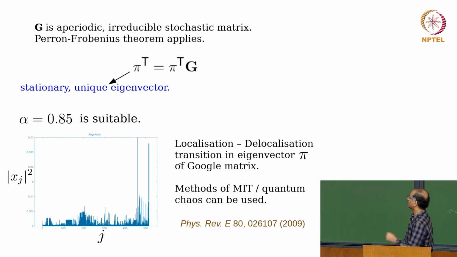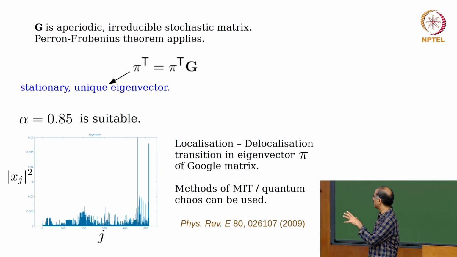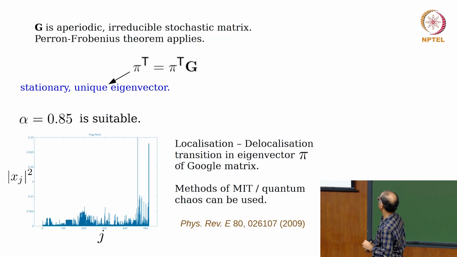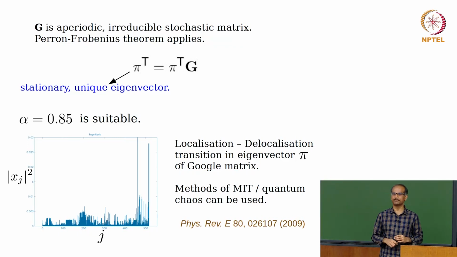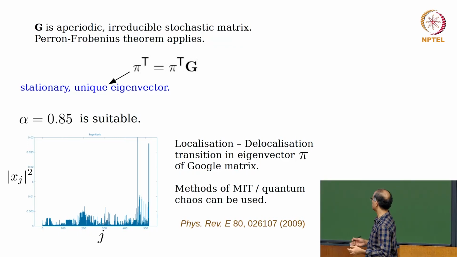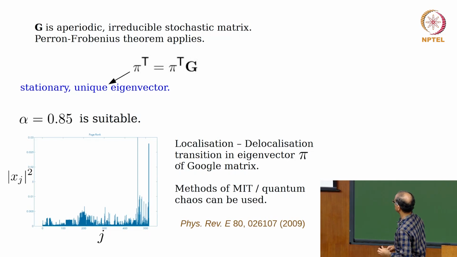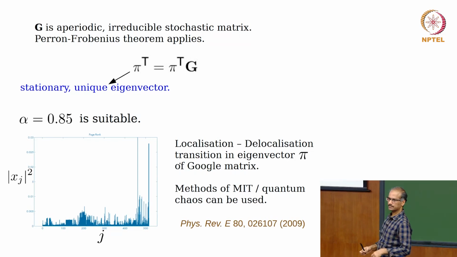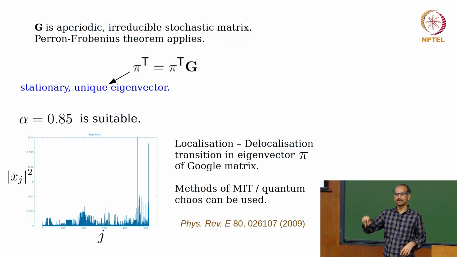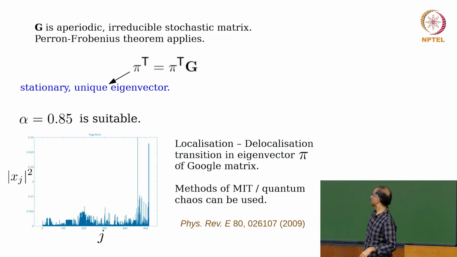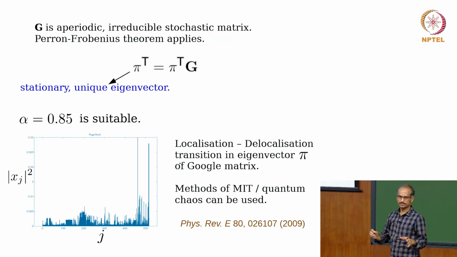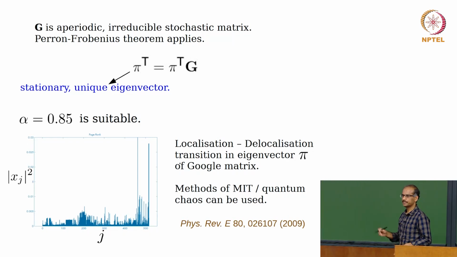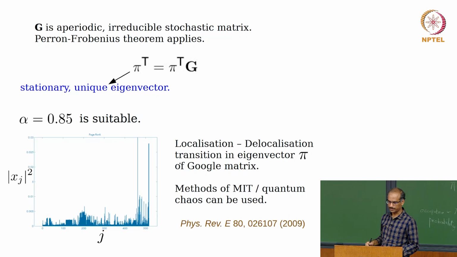For example, this is for a small graph of the mathworks.com website, which runs MATLAB, for example. So about 400 websites or so. What is shown here are the components of that invariant probability vector. So you see that there are these large peaks which imply that they are the ones with higher page ranks.